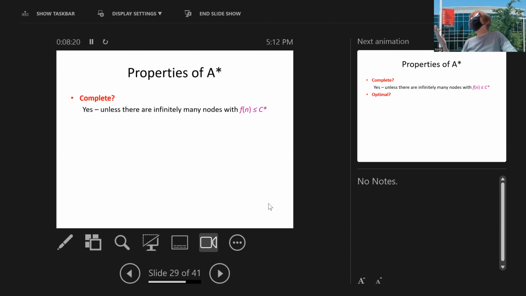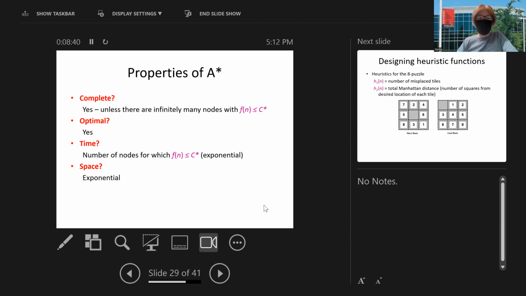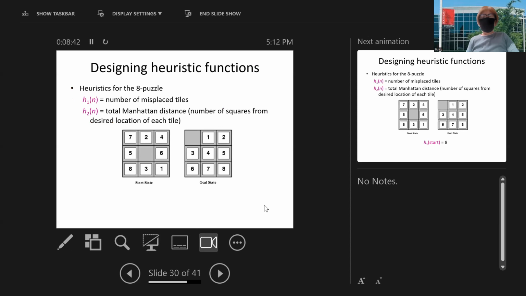Then we come back to discuss completeness, optimality, time complexity, and space complexity. Complete, yes. Optimal, also yes. Time complexity is less than that of Z star, and the space is exponential.